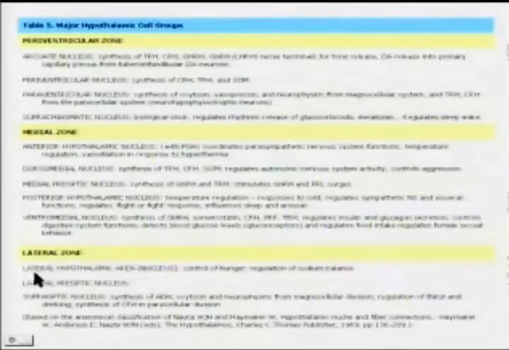The lateral zone then, the lateral hypothalamic area or nucleus, the lateral preoptic nucleus, and the supraoptic nucleus are included. So you should be familiar with these. Let's follow the preoptic area, at least through the medial zone and the lateral zone. We see an anterior hypothalamic nucleus that contains preoptic area.